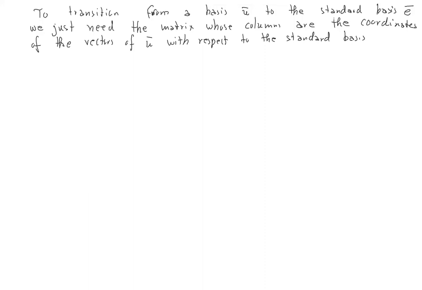So in other words, let's give an example. Let's say that we have U to be (1, 2), (1, 0), and V to be (1, -1), (0, 1).